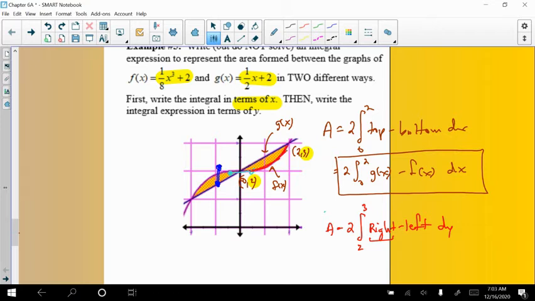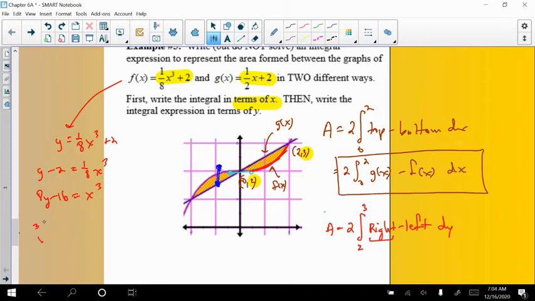That was f of x, so we could say that y equals 1/8 x cubed plus 2. I need to solve for x in terms of y, so I subtract the 2. So y minus 2 equals 1/8 x cubed. Multiply both sides by 8, so 8y minus 16 is equal to x cubed, and then I take the cube root.